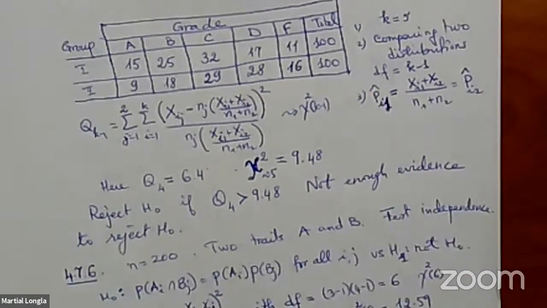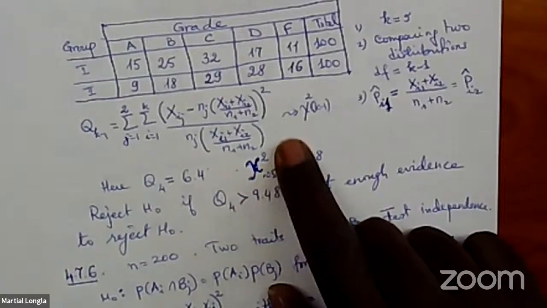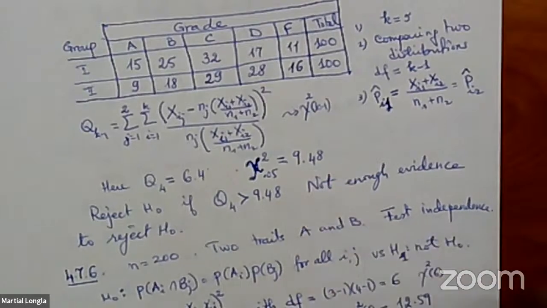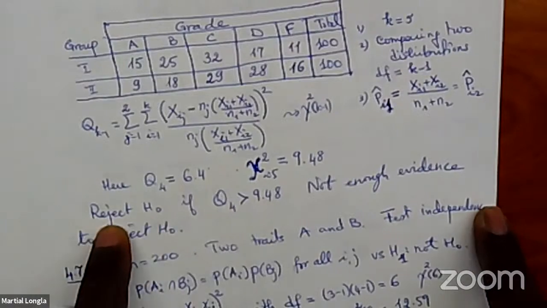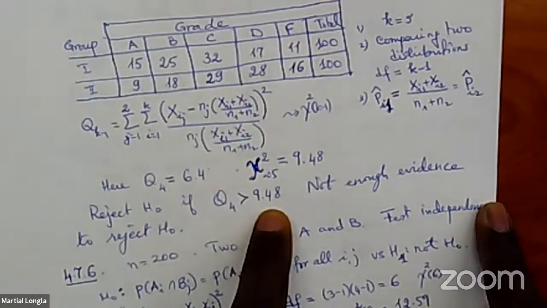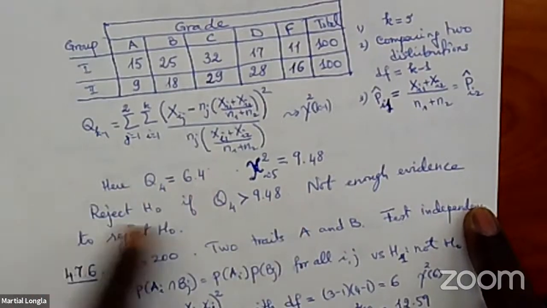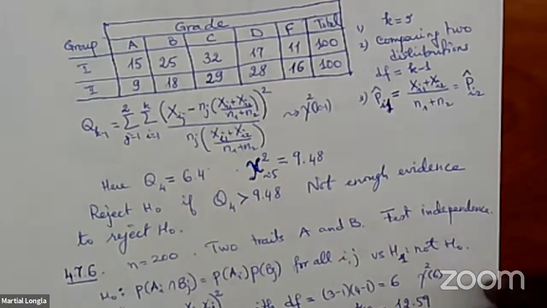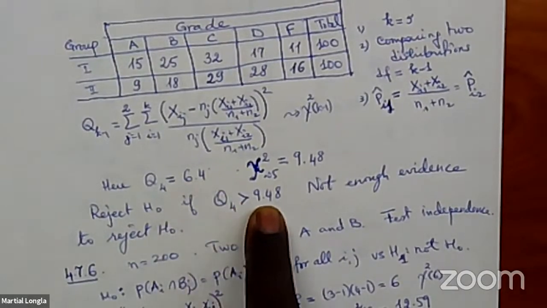When you compute that, you get Q4 approximately 6.4. You look for chi-square 0.05 with 4 degrees of freedom, you find 9.48. Your rejection region says reject H0 if Q4 is larger than 9.48. But in this specific case, given the numbers that we got, we do not have enough evidence to reject H0. Why? Because 6.4 is no way larger than 9.48.